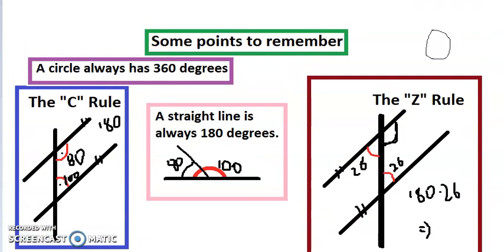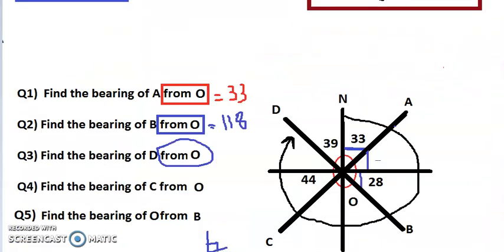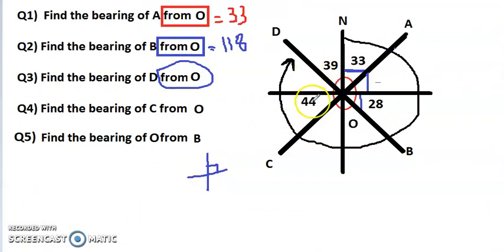Now in these rules I said that a circle always has 360 degrees. That is to say, all of these combined will be 360 degrees. Now in order to find this angle without 39, we'll just subtract 39. It's as simple as that. You subtract 39 from 360 to find the angle of this entire place.